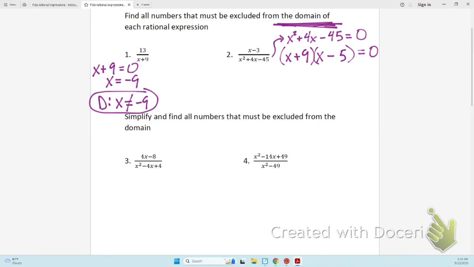That would be really bad. So that's why when you do it this way, you get -9. Same with this. I don't want to plug in +5 because that's what will give us 0. So for our domain, we say x cannot equal -9 or 5.